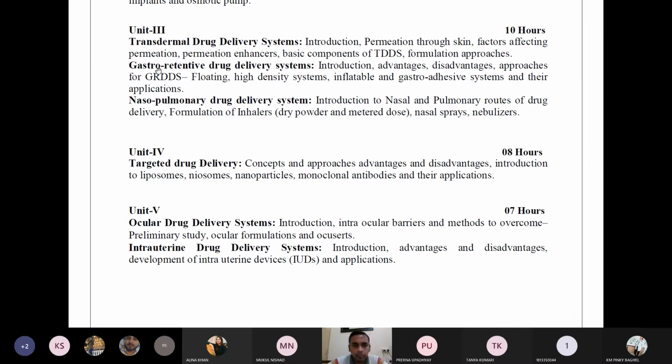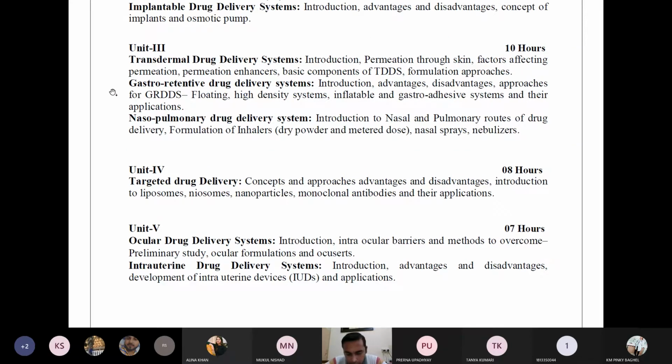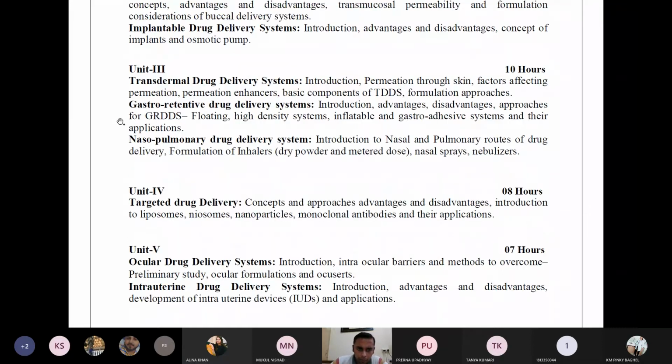Gastroretentive means GIT. It will be associated with your GIT. In your GIT you have stomach, intestine and other things. Some drugs will be floating, some drugs will go there and float, and be released slowly and slowly. If you put some drug in GIT, we shall see all those things here.